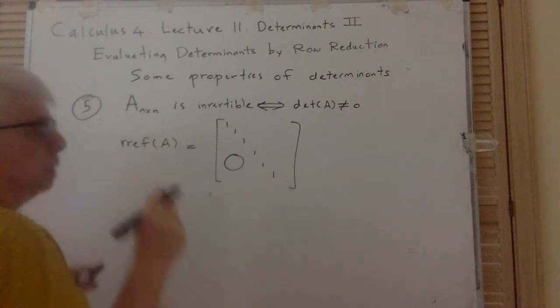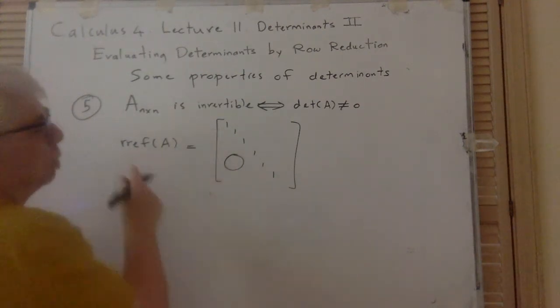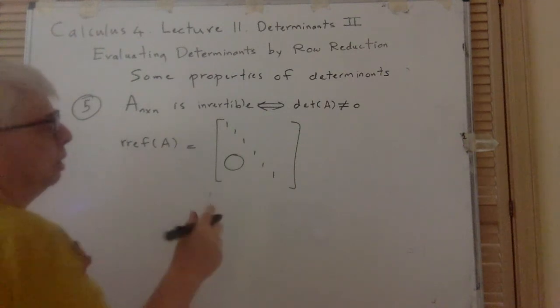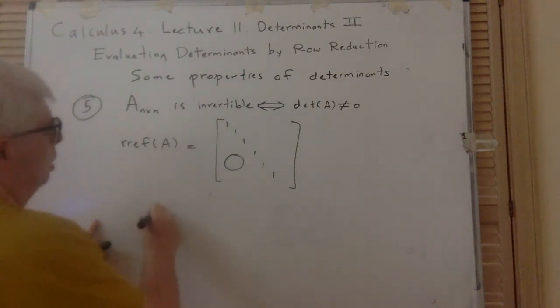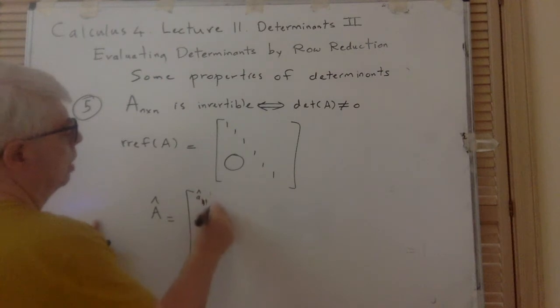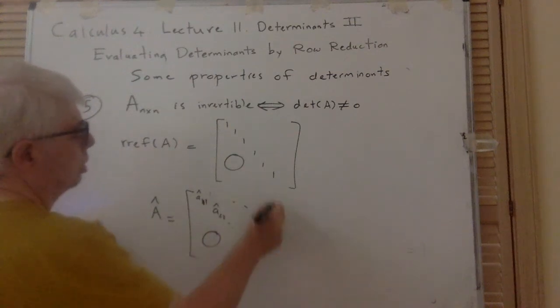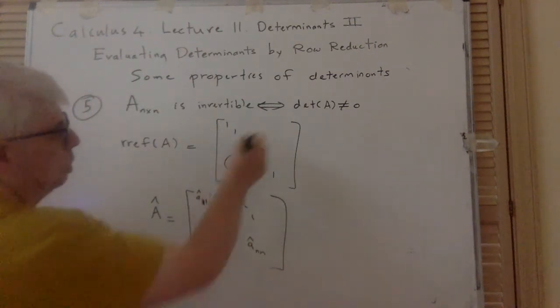So when I reduce it using just that operation number 3, I will get that A hat, which has A hat 1,1, say A hat 2,2, and so on, A hat n,n, and 0 here and something here. Not 0. This one has 0.